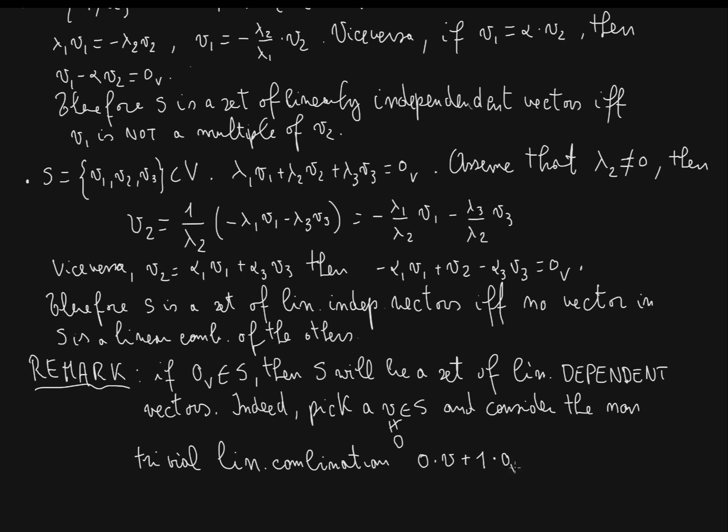Okay, so this is the zero vector. So what do we get here? This is the zero scalar times V, and this will be 0, plus 1 times the zero vector, and it will also be the zero vector. Therefore, the sum of 2 times the zero vector is still a zero vector. Okay, so we have a linear combination of two vectors inside S, which is non-trivial, and gives me the zero vector. Therefore, the vectors in S will always be linearly dependent. So if you want a set of linearly independent vectors, we cannot have the zero vector inside of it.